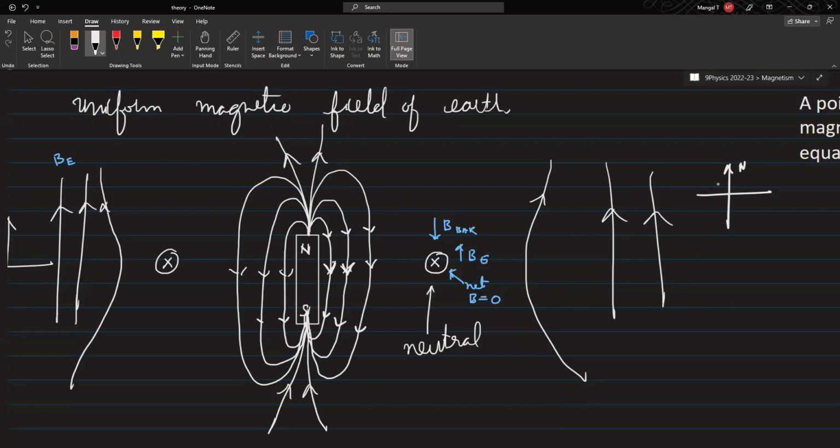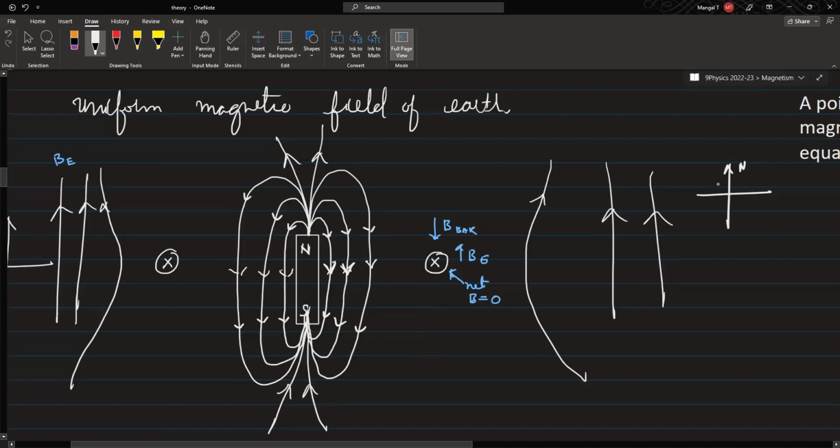So what are neutral points? A neutral point is a point like here, which is not very close to the bar magnet. The magnetic field of the bar magnet will be pointing downwards, as you can see, and the Earth's magnetic field is pointing up.